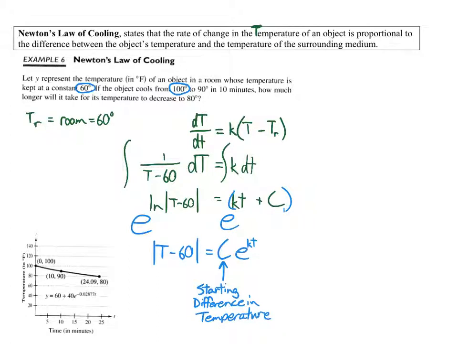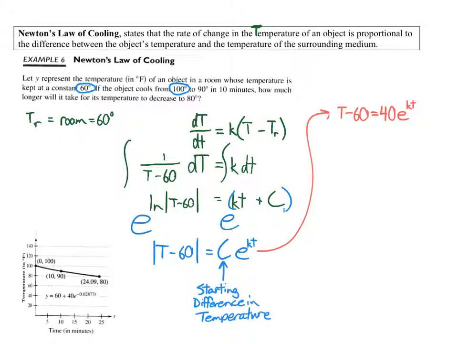So coming over here, we have T minus 60, and I'm going to ignore the absolute value at this point because our temperature is decreasing, so I know T minus 60 will always be positive. And that's going to equal 40, the starting difference in temperature, times e to the kt.